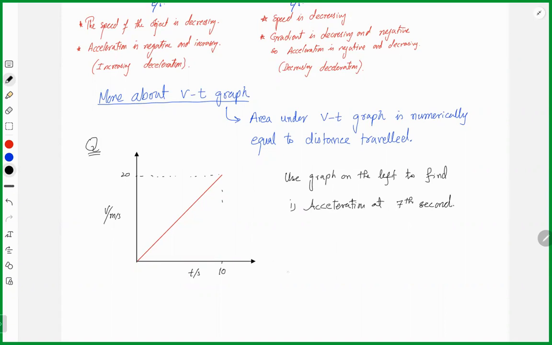Number two, the distance traveled in 10 seconds.